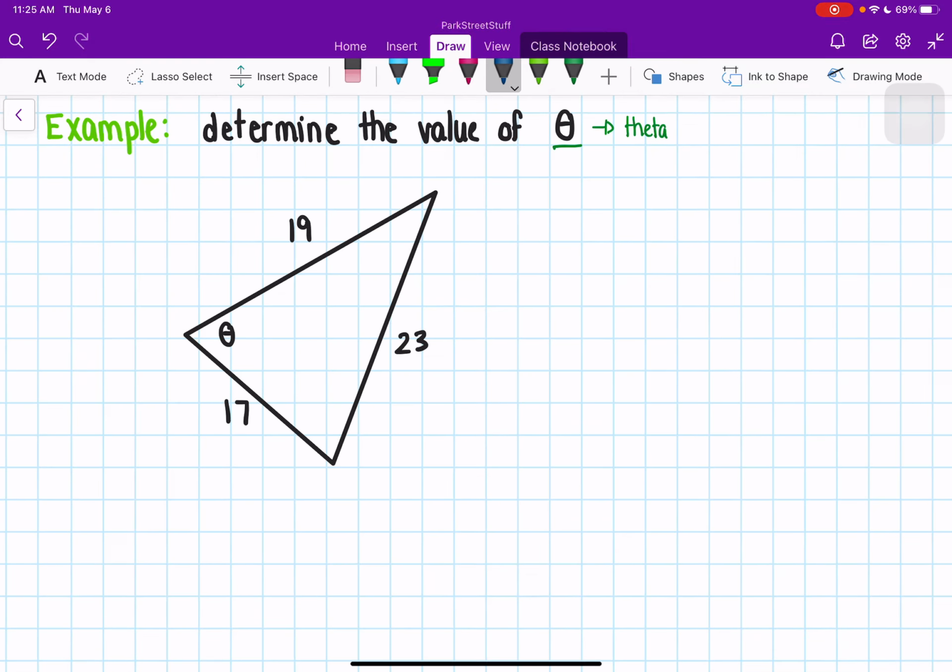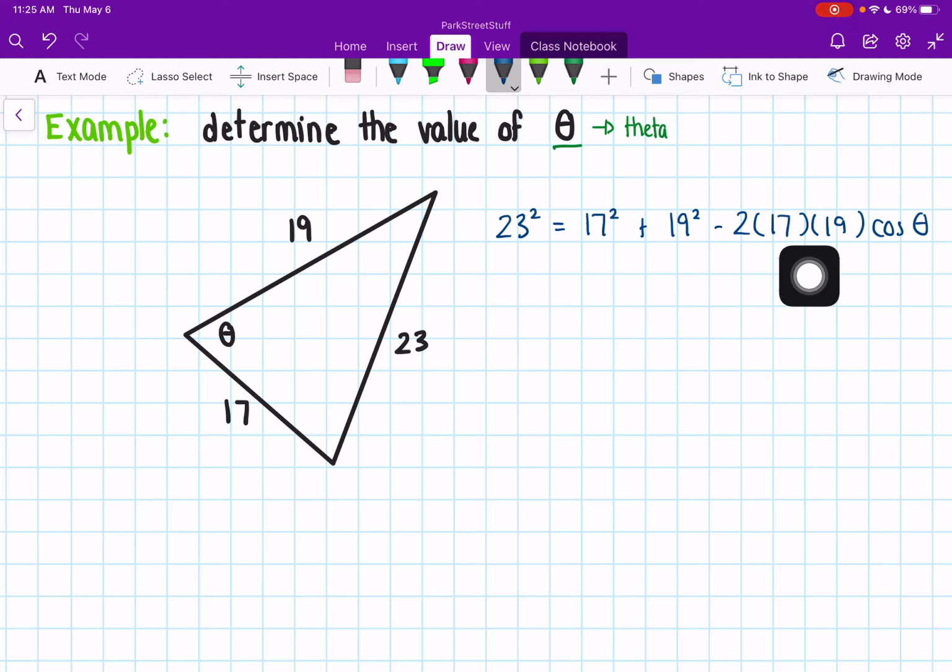So we're going to say 23 squared is equal to 17 squared plus 19 squared minus 2 times 17 times 19 times cos of theta.